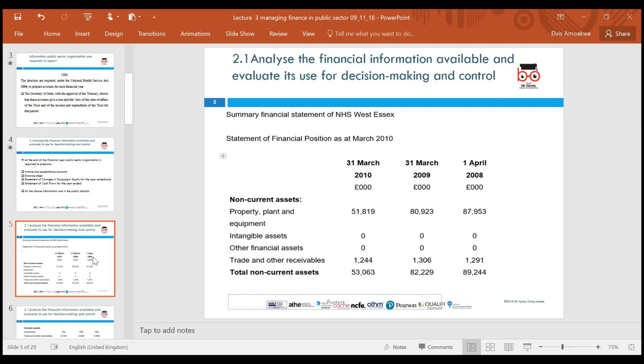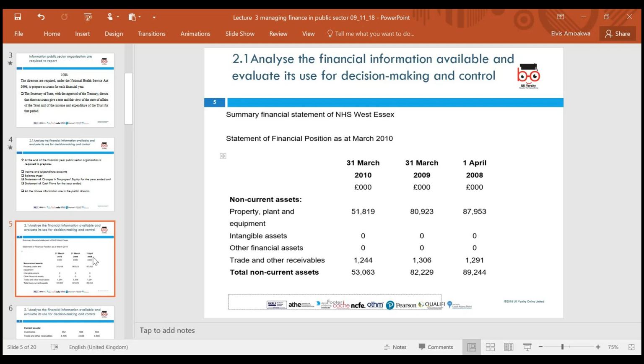This will enable us to assess the performance and the financial standing of NHS West Essex between 2008 and 2010, and to see if they are doing well or not. So that is a screenshot of the financial position as at March 2010 of NHS West Essex.